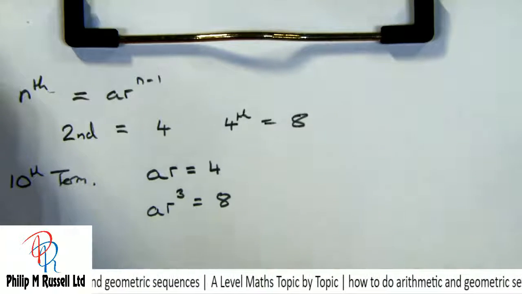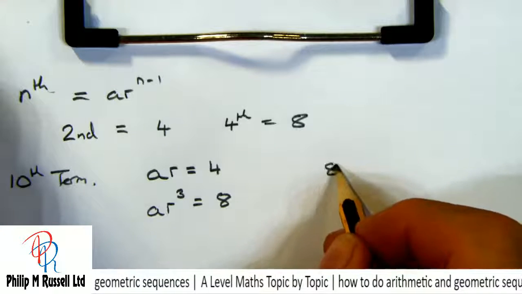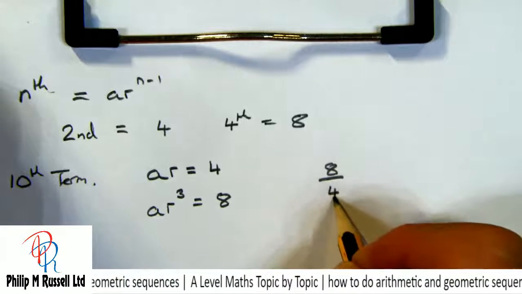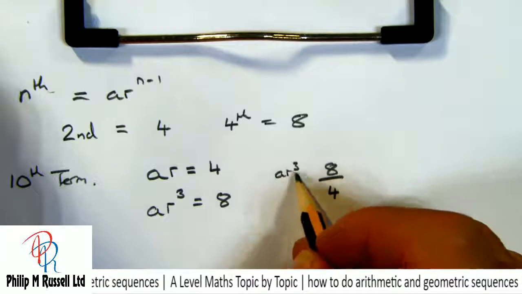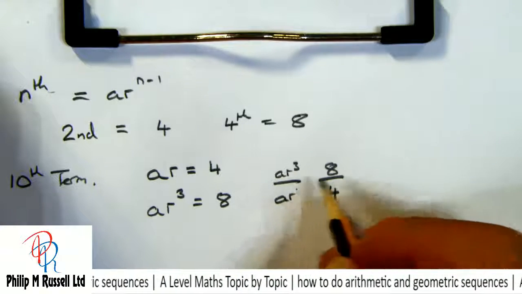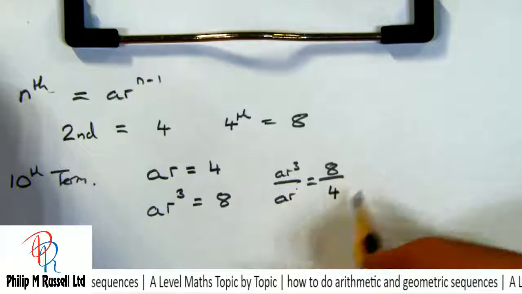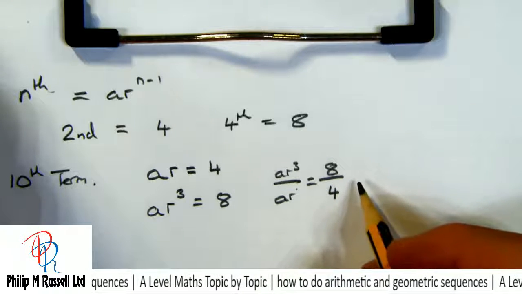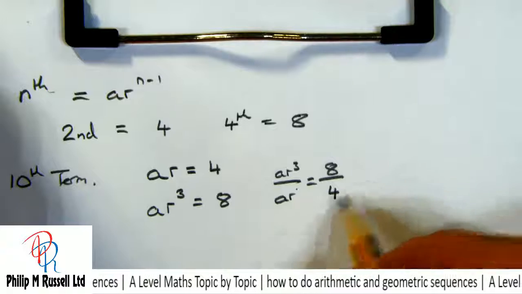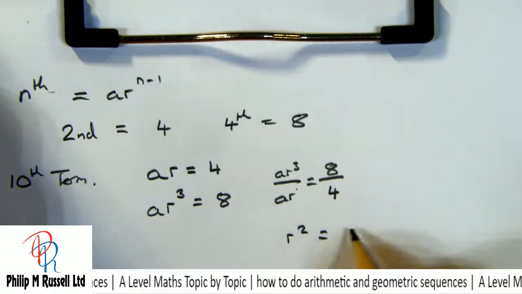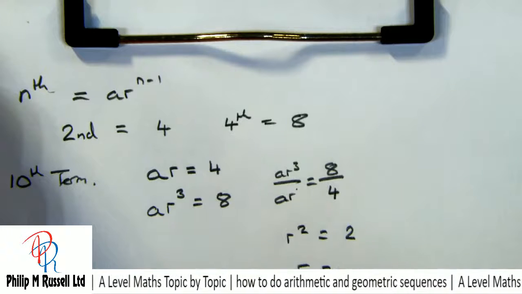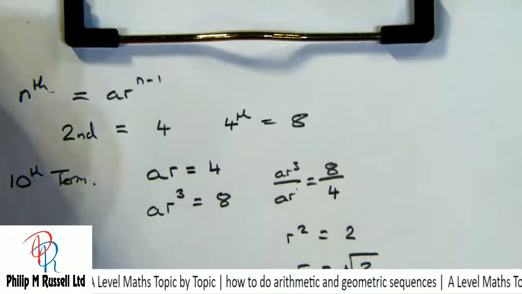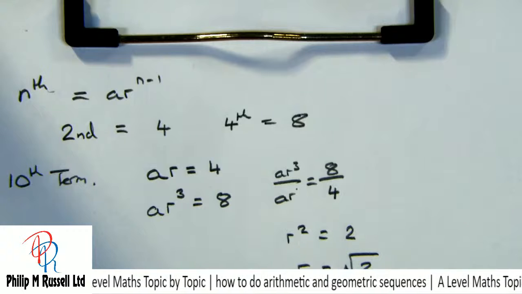To work out our common ratio, it's going to be 8 divided by 4. Now that's going to be ar cubed over ar, which means that r squared equals 2, so that r is going to be the square root of 2. There we are, not too bad.